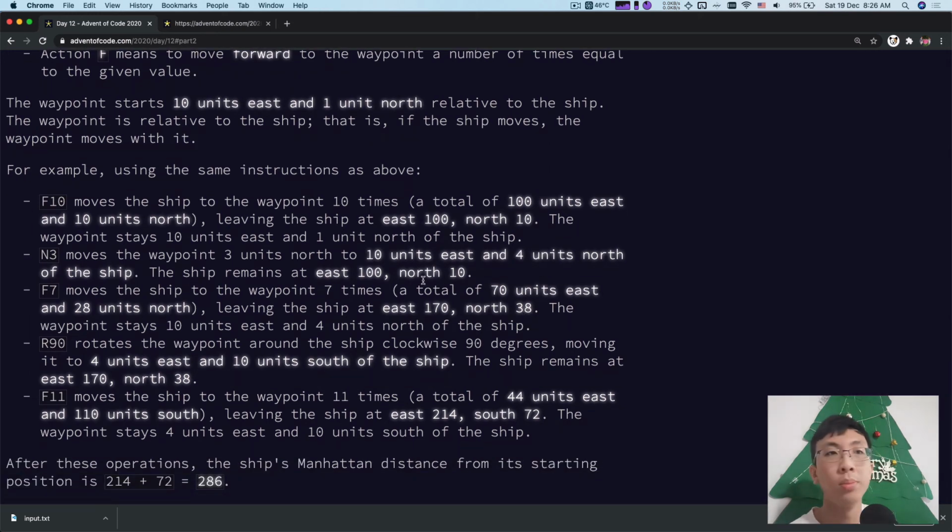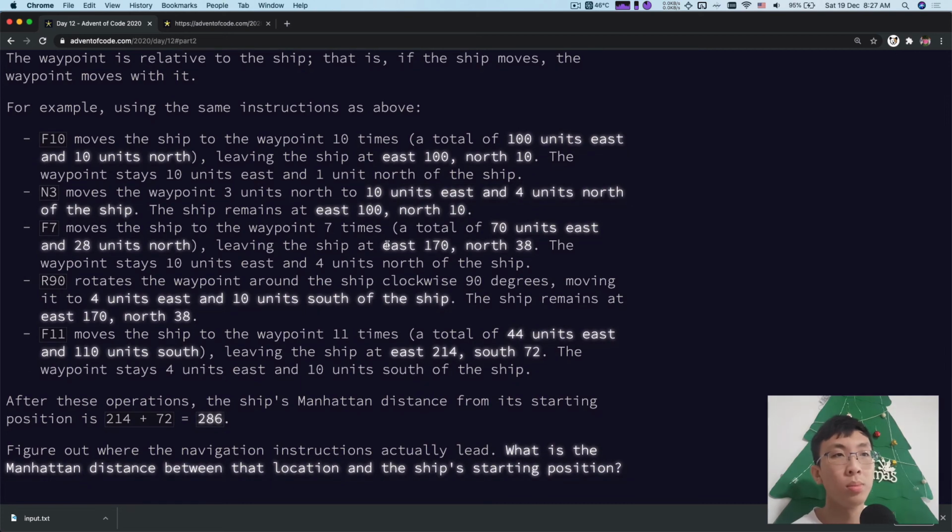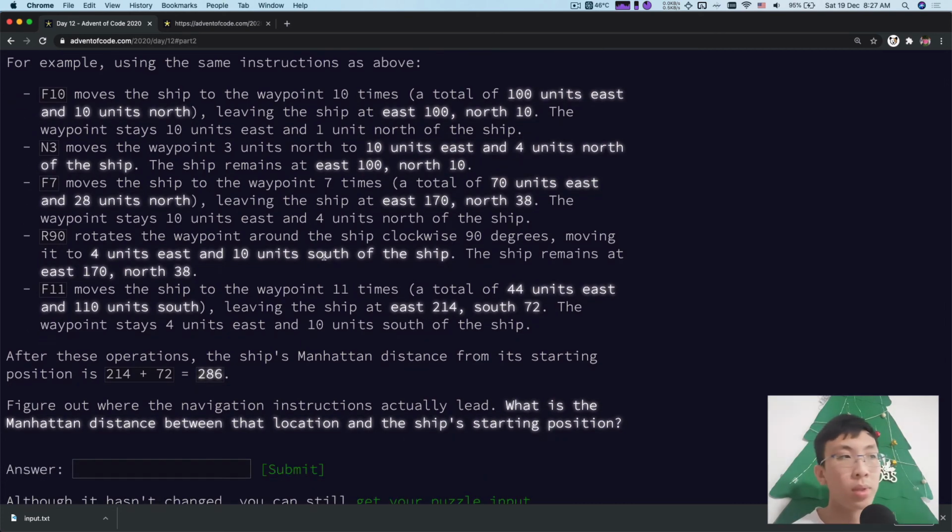So you don't move, you remain in position, but you change the waypoint. So F7 is to move to the waypoint 7 times, so it's to move 70 units of this, and 7 times 4 is 28 units of north. Okay, I think we roughly get it.